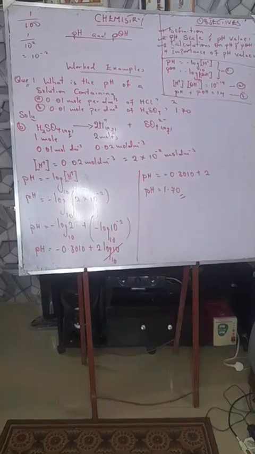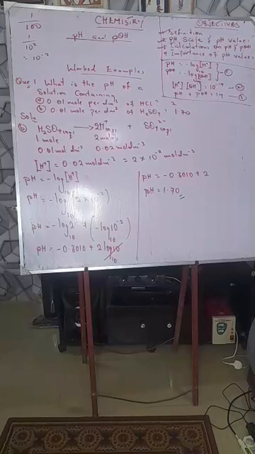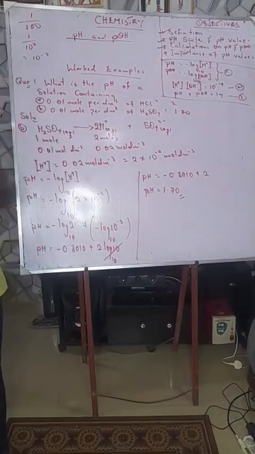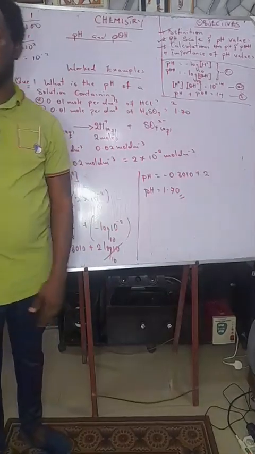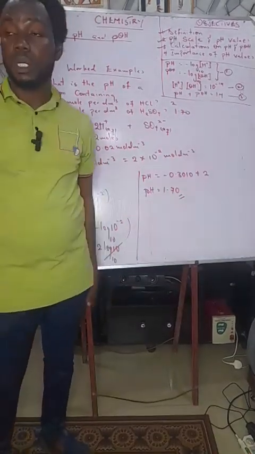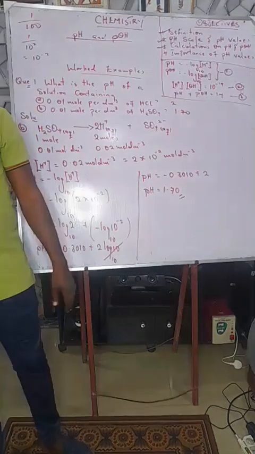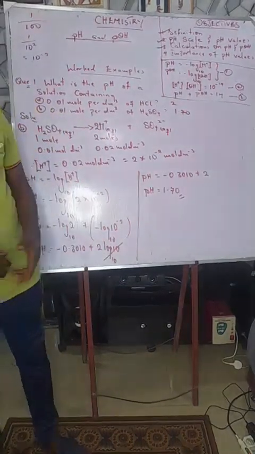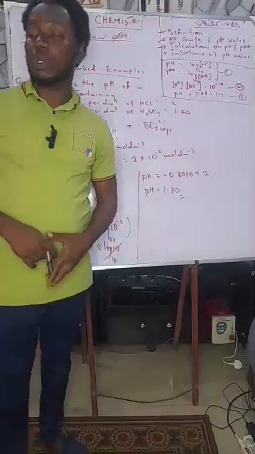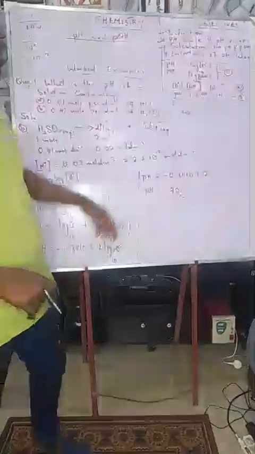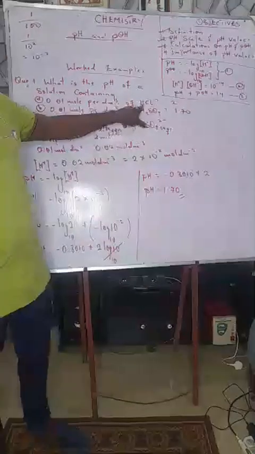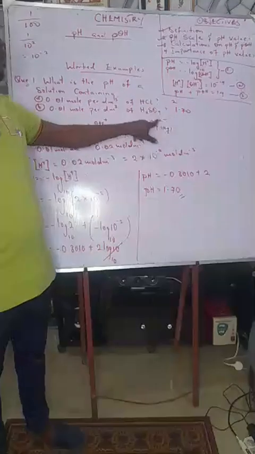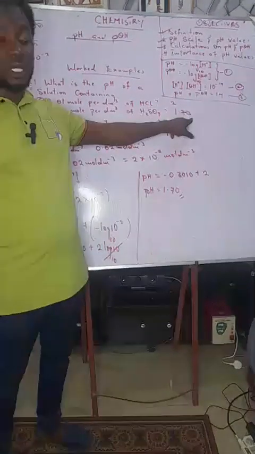We are going to see another question here. Messi said 1.70. God bless you, Messi. I believe she's now with her calculator. She could reply down 0.301. Okay, thank you. But there is one I want you to comment on. Our HCl is now 2, and our H2SO4 is 1.70.